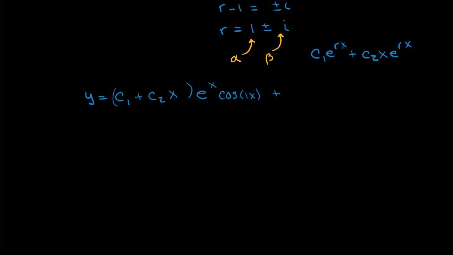Then we're going to have plus, we're going to do the same thing over again, C3 plus C4x times e to the 1x, because alpha is 1, and this time we wind up with sine of x. And remember, the beta is not the i value, but the beta is the coefficient in front of i. So that's why both your cosine and your sine, which should have beta times x, really just wind up being x.